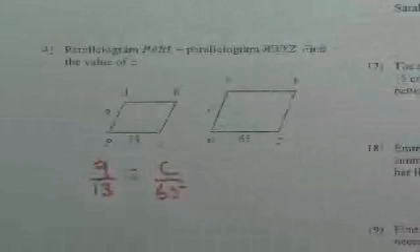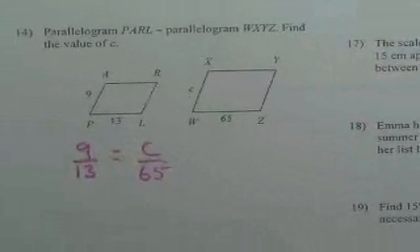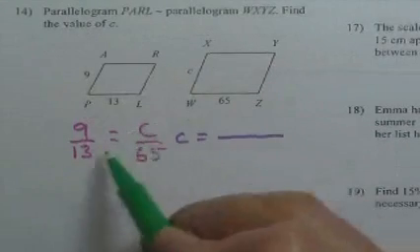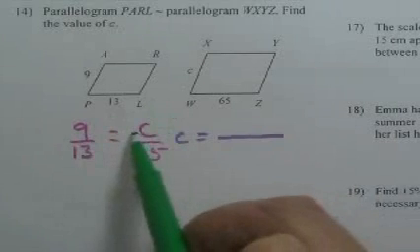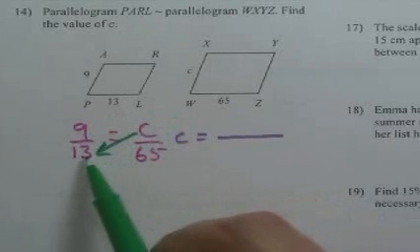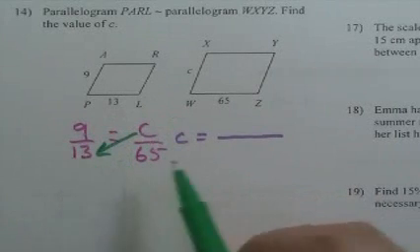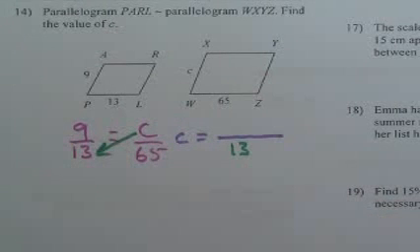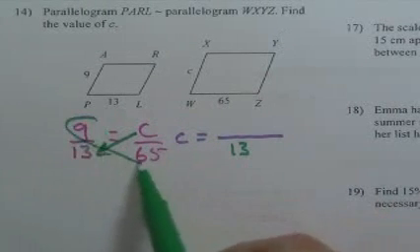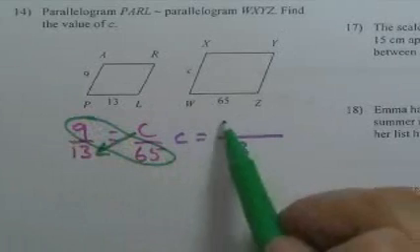So 9 over 13 is equal to C over 65. And remember, the shortcut to setting these up is whatever's diagonal of the variable goes on the bottom. So this number here goes on the bottom, and these other two numbers go on top.